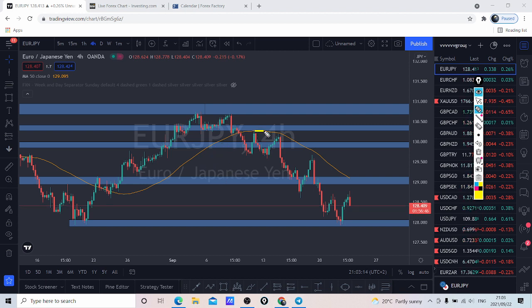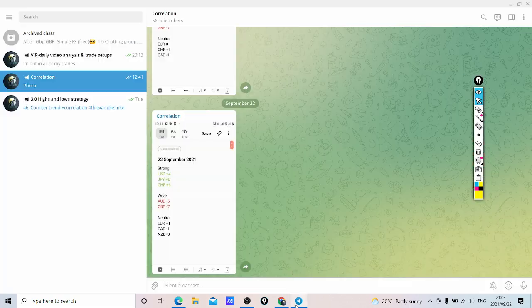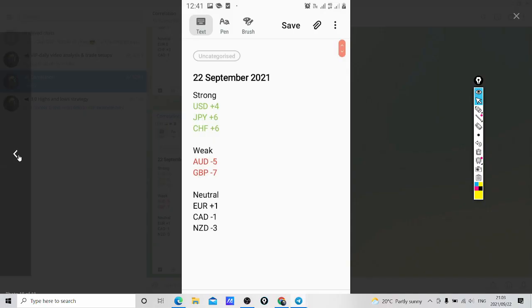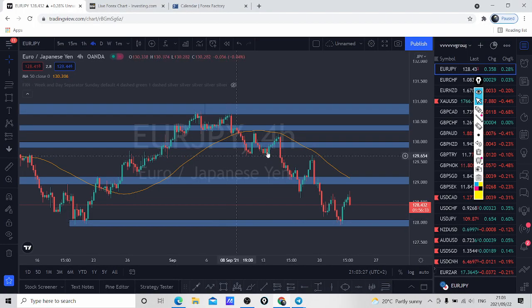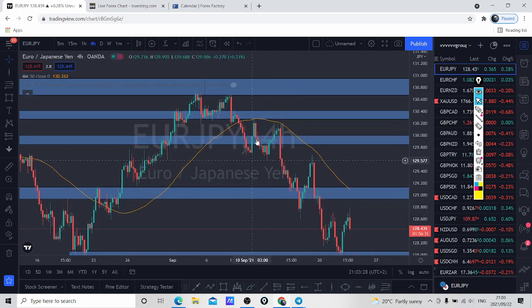Now we know that the market is also shifting to the downside, and the correlation numbers were telling us to look for sales. We can even go back, maybe let's check, because I took a trade here on the 10th of September, and then I held until my TP was hit.